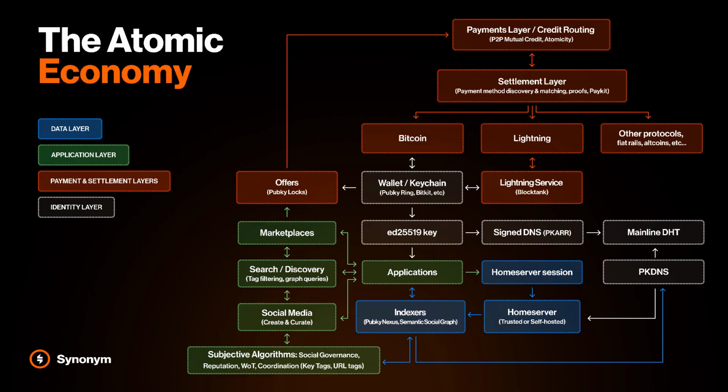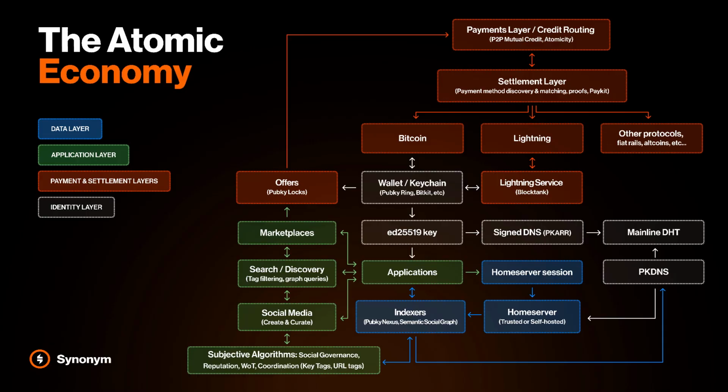In that section, you'll see there's the payments layer separated from the settlement layer. A lot of times people just talk about Bitcoin and Lightning or Bitcoin versus fiat, but what we believe is that the only way to scale payments is to use trust.